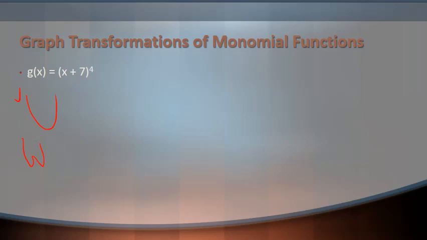And then I'm going to expect this graph to translate to the left 7. And so I'm expecting now the x-intercept to be at -7. I don't think it'll have a y-intercept at all, to tell you the truth. But that being the case, let's take a look and see what we got.